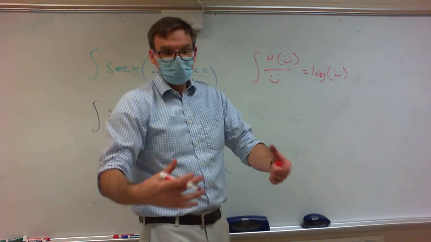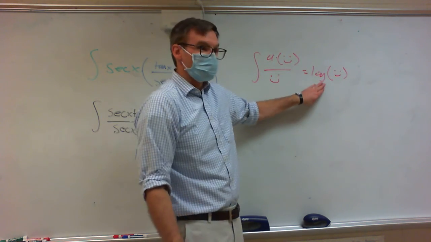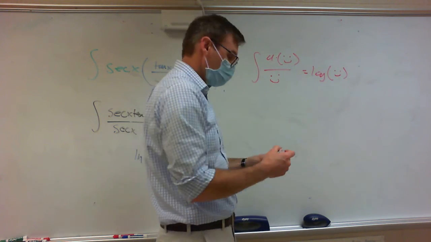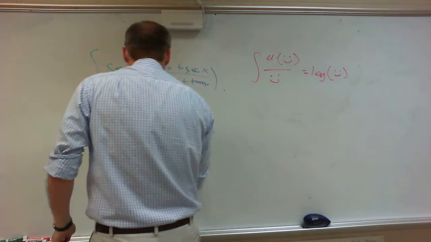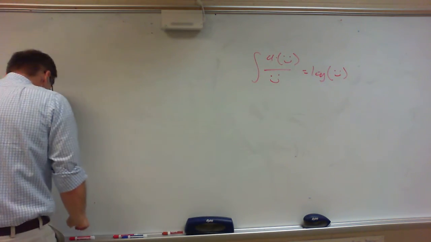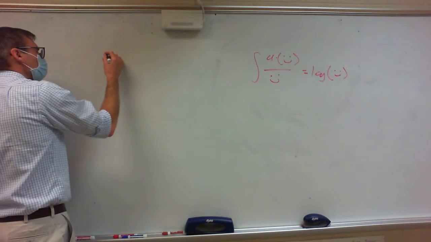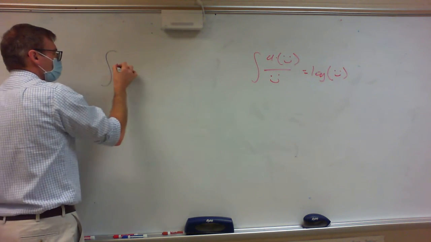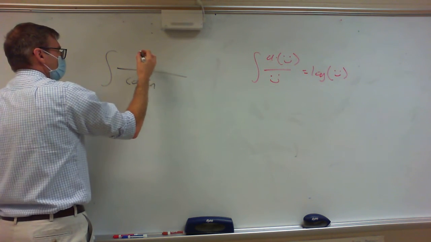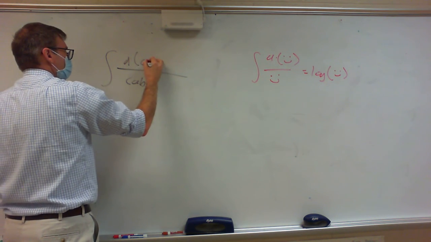Because in a theory course, I would only use log. I would not say natural log, because those are the same. So I say all of that for this. What's the integral of cabin on the bottom and d cabin on top?